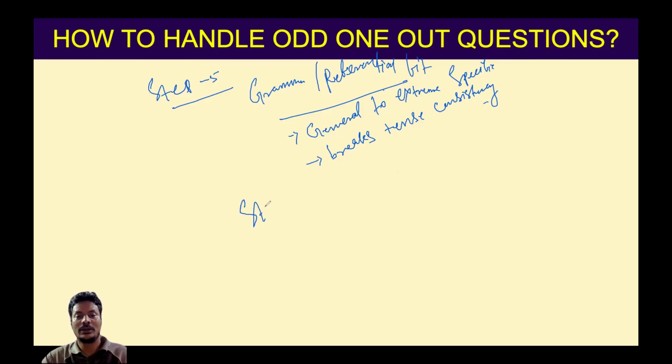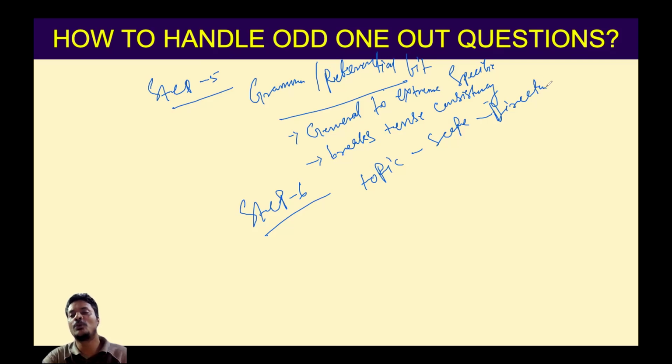The last one is step six, where we follow the topic, scope, and direction test which I pointed out. Topic: is the sentence talking about the same topic?